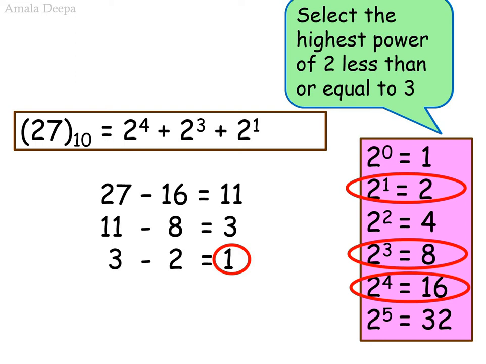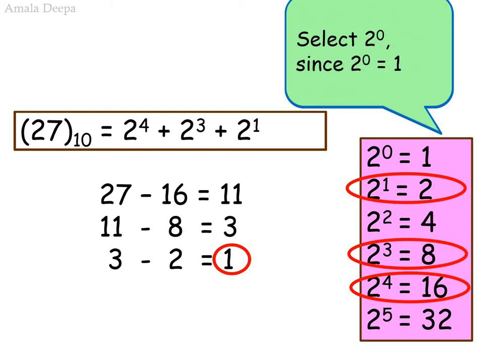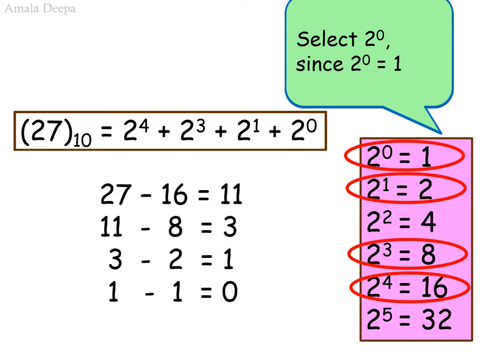Now we have reached 1. Select 2 power 0, since 2 power 0 is equal to 1. So here you write plus 2 power 0. Take the 1 and subtract 1, that is 2 power 0, which is equal to 0.